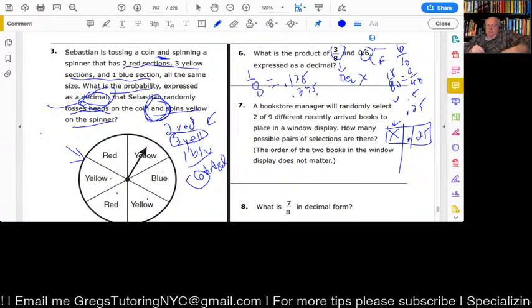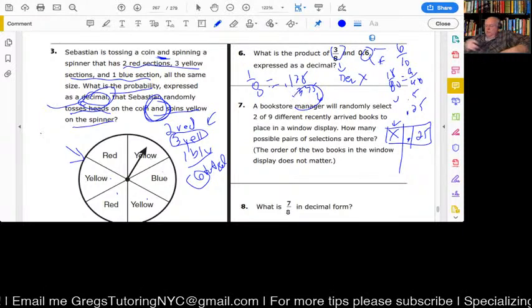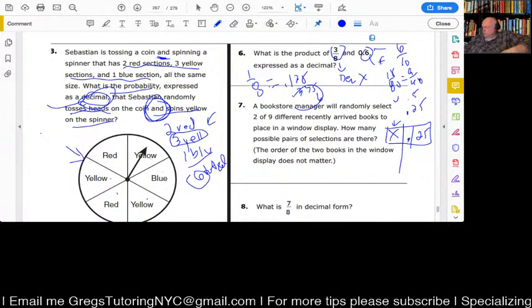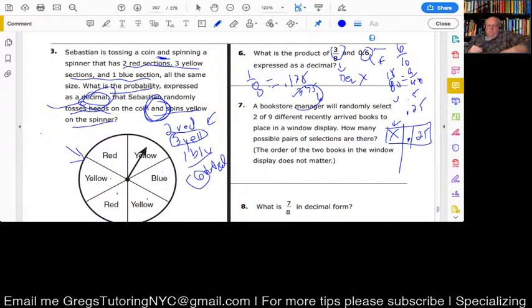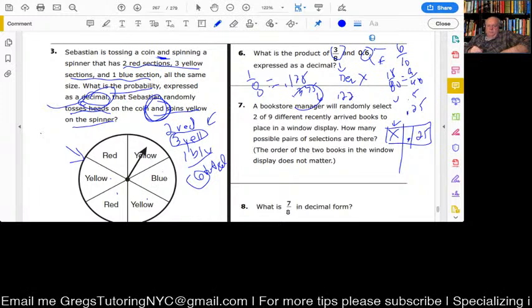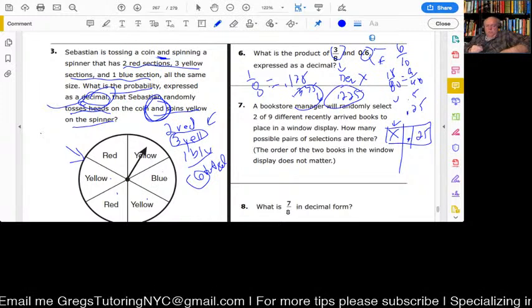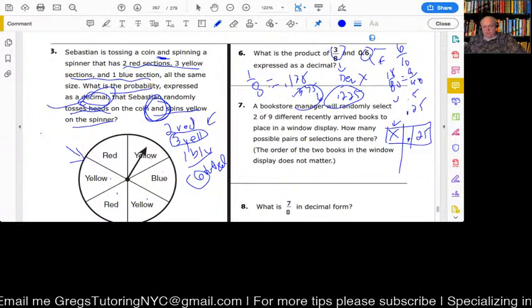When you multiply that out, in both cases you're going to get 0.225. That's your answer there. I'm not going to do the actual multiplications.